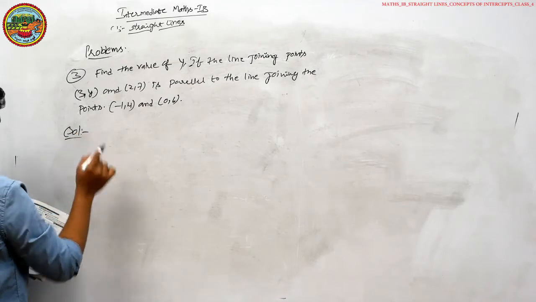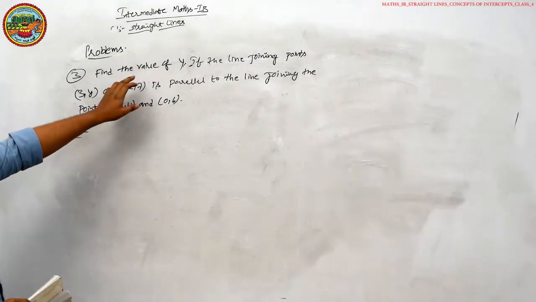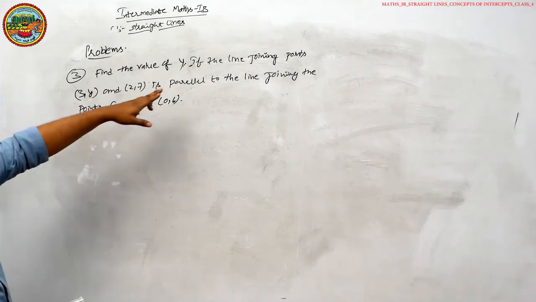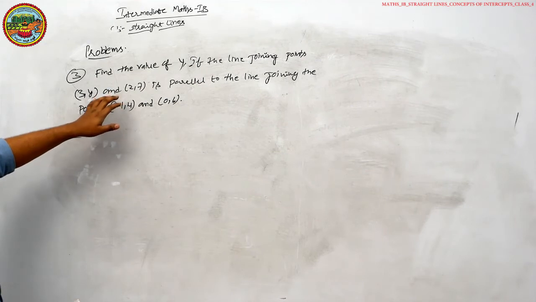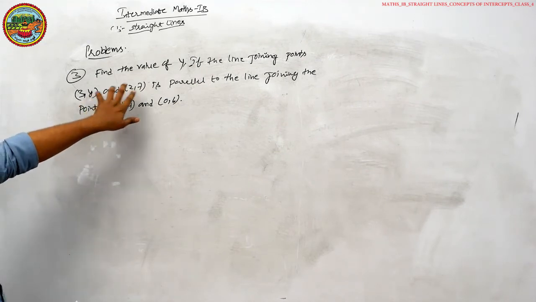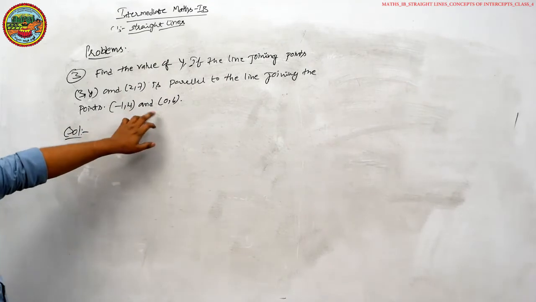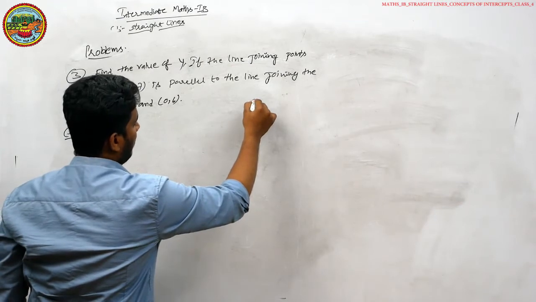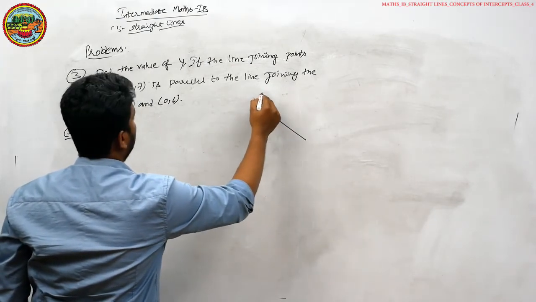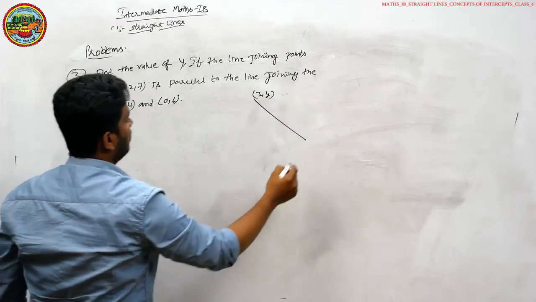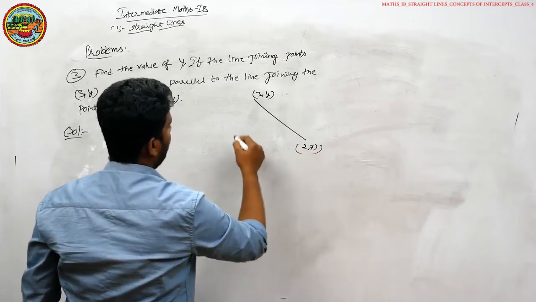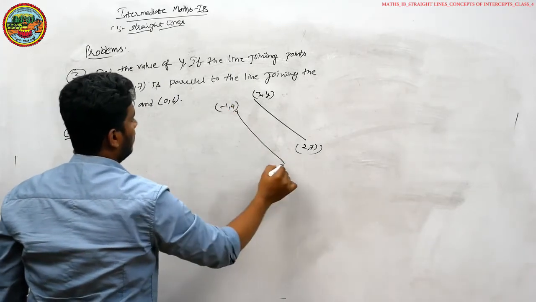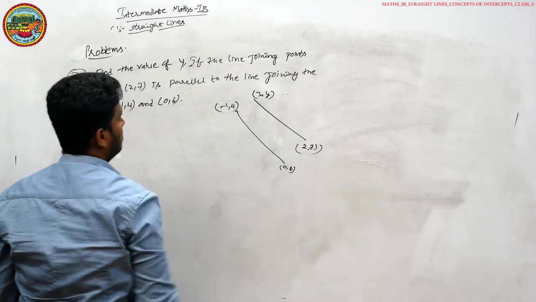Okay, solution. So given that, we have to find the value of y. The line joined by these two points is parallel to the line joined by the other two points. This is one line, (3, y) and (2, 7), which is parallel to another line, (-1, 4) and (0, 6).